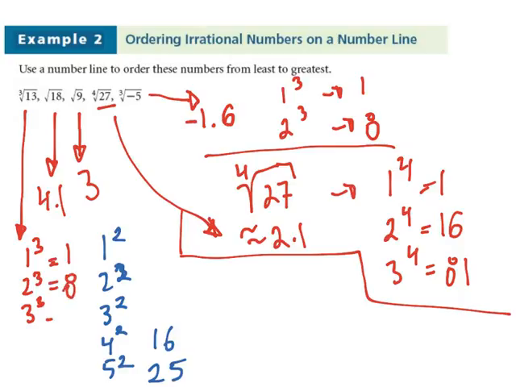Notice that our cube root of 13 is closer to 8 than 27, so I'm going to presume it's somewhere between 2 and 3, and it's probably going to be about 2.2, approximation. So I'm going to box these answers.